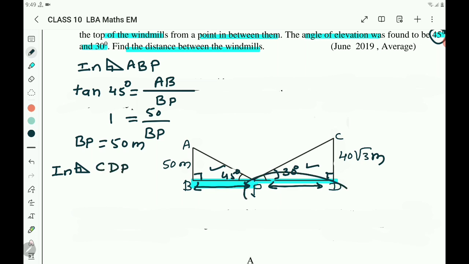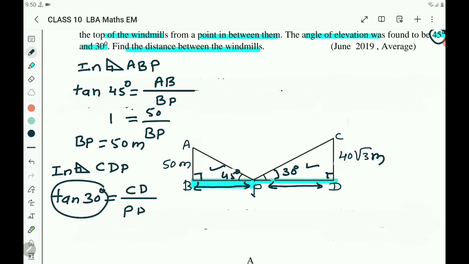Here again we have to find out PD, which is the adjacent side, and the opposite side CD is given. So the trigonometric ratio having opposite side by adjacent side is tan theta, that is tan 30 is to be considered here. Write tan 30 degree equals to opposite side CD by adjacent side PD.